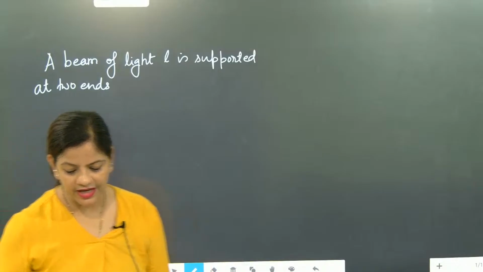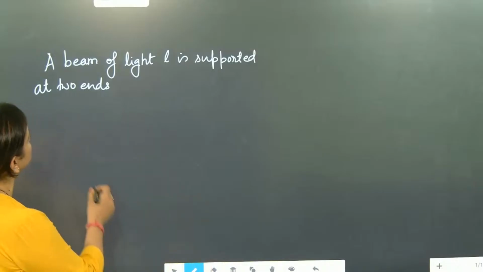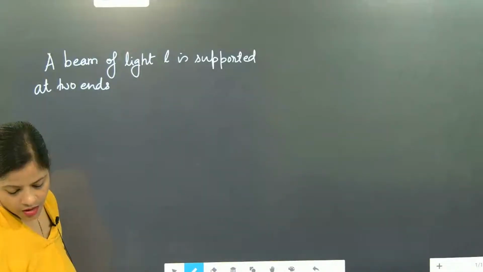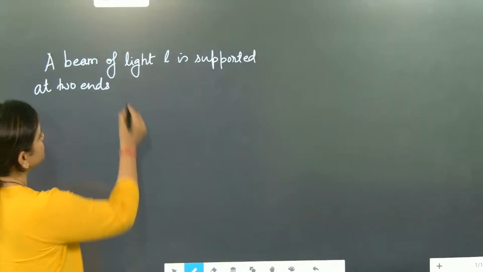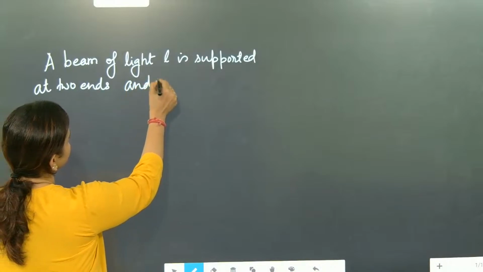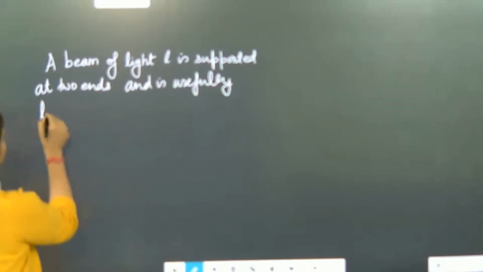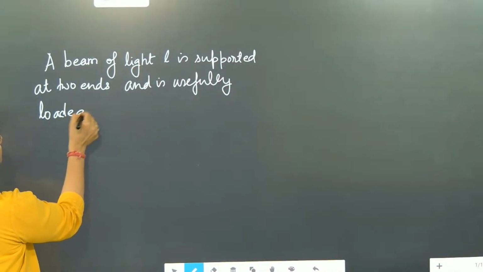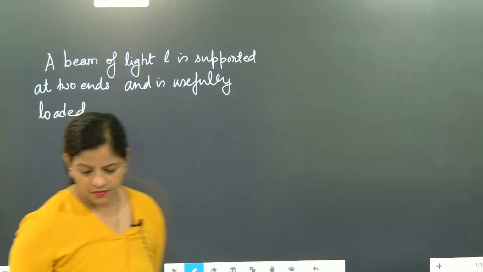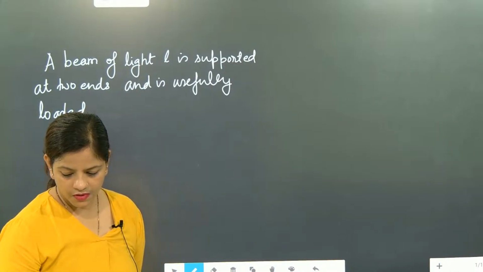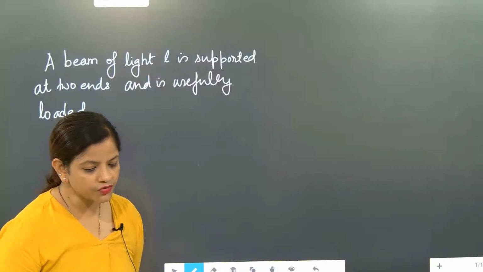So a beam of light L is supported at two ends, okay, and is uniformly loaded.